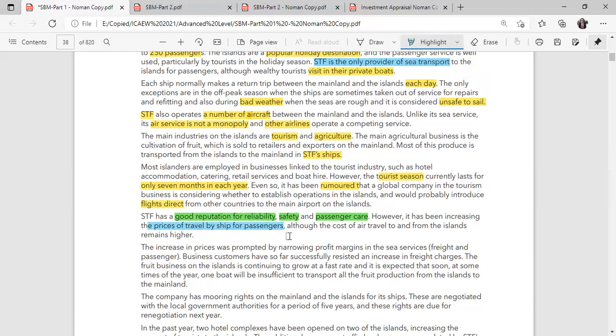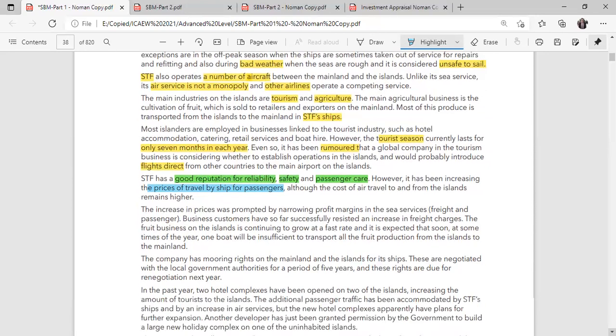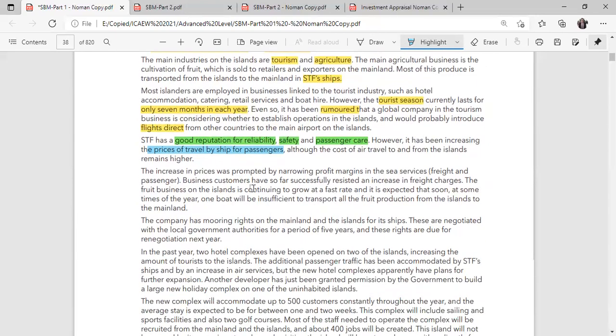So you can charge different prices. But again, the cost of air travel is very high as compared to your sea transport. So it also shows that you have a monopoly in this business. The increase in price was prompted by narrowing profit margins in sea services, freight, and passenger.